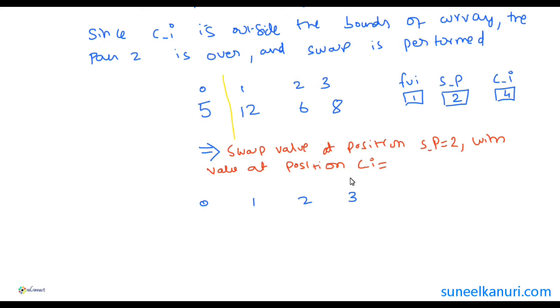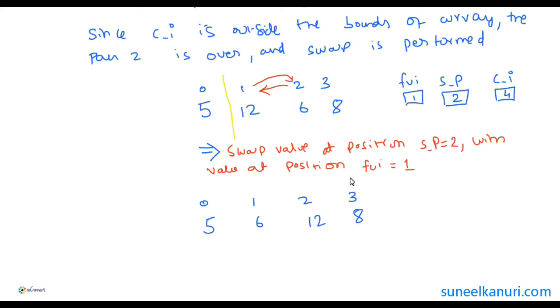So at position FUI, which is pointing to position 1, so we're going to swap this with this and this with this. Okay, so that brings us to the result of 5 and 6 and 12 and 8.